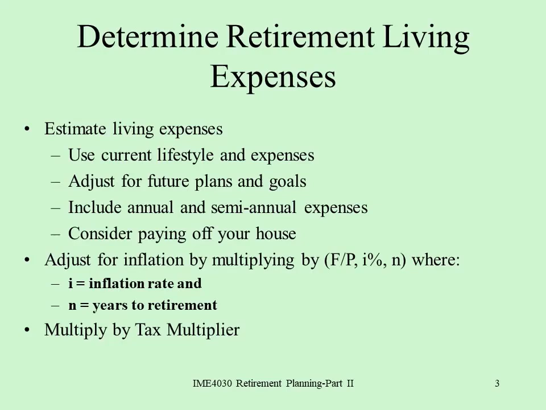So you need to make a list of what all your expenses are that you have now and that you think you'll have in the future. Add to that other goals and plans, let's say for travel or for gifts or for charity or for the kinds of cars you want to drive, etc., and any other housing expenses, and we're going to get a dollar amount that would reflect the lifestyle you want to retire at, but in today's dollars.